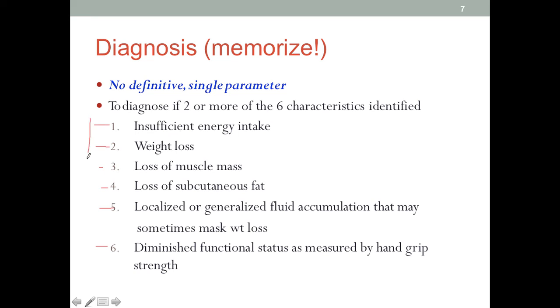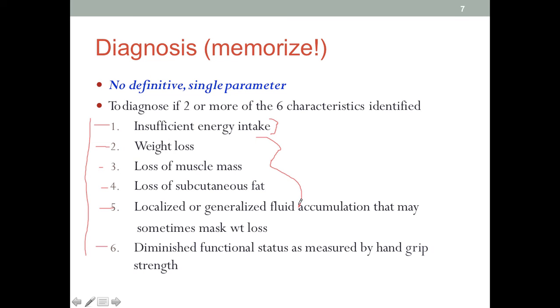So definitely memorize these 6 characteristics and know that it requires 2 or more of them to be positive in order to diagnose malnutrition. We can see here the first one is more like the intake domain.